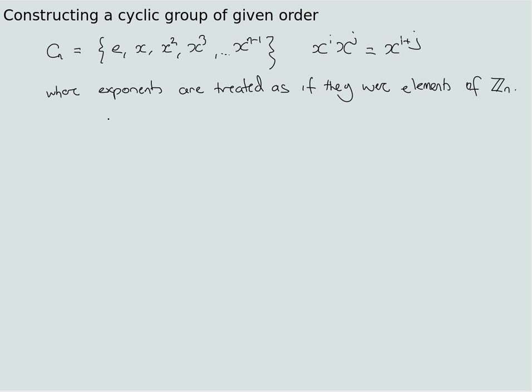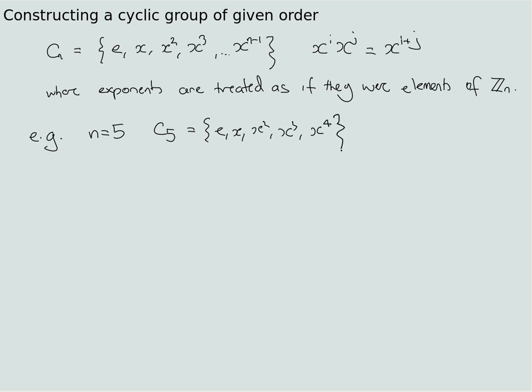Well, what does that mean in practice? Let's look at an example. Let's take n equals 5, for example. So C5, as I've done it here, would be e, x, x squared, x cubed, x to the power 4.